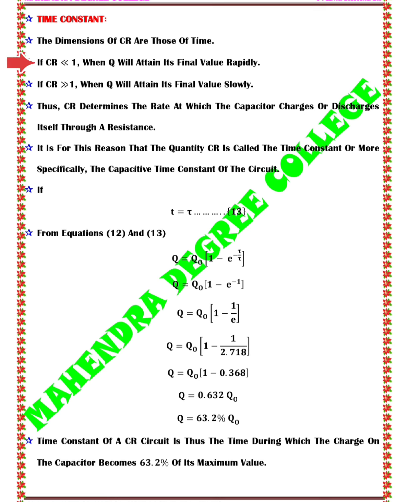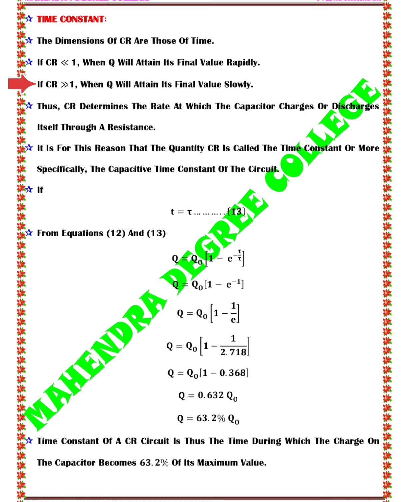If CR is less than 1, Q will attain its final value rapidly. It means the time constant is small, the system responds quickly, and Q reaches its final value rapidly. If CR is greater than 1, Q will attain its final value slowly.